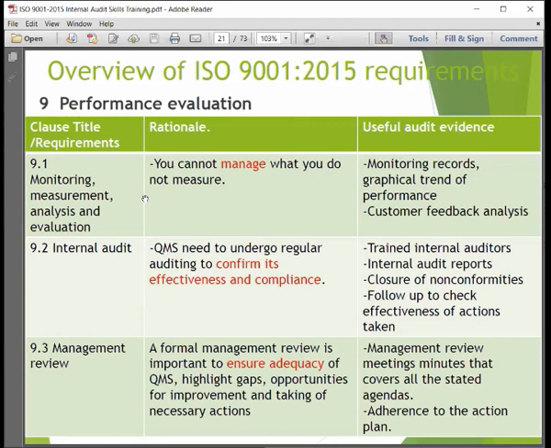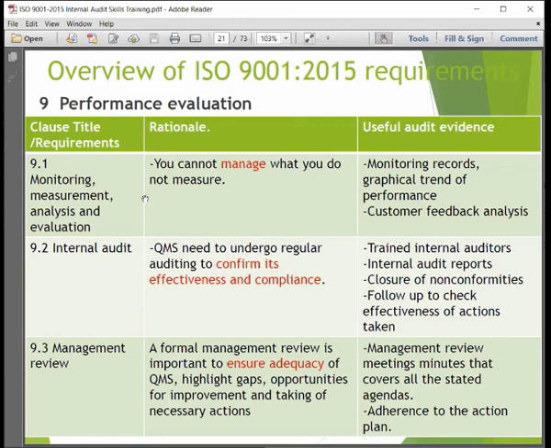There is another requirement of management review, still part of evaluating the organization. It is in 9.3, and it has highlighted the agendas, the inputs that need to be in that meeting, and even the outputs. Why do we need it? A formal management review is important to ensure adequacy of the QMS, highlight gaps and opportunities for improvement, and take necessary action.